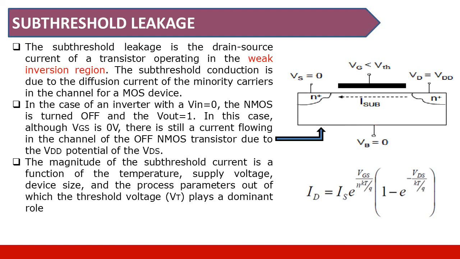It is the region when gate voltage is less than the threshold voltage and suppose we have a high drain voltage. In this case I have taken this as equal to VDD. Now what will happen?